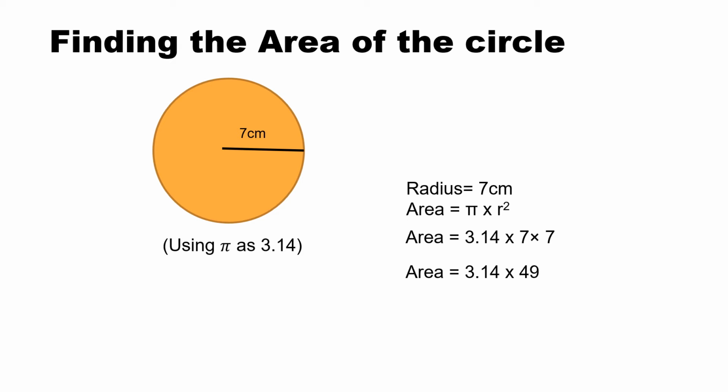When we plug these values in our calculator, we arrive at 153.93. And our answer correct to one decimal place is 153.9 squared centimeters.